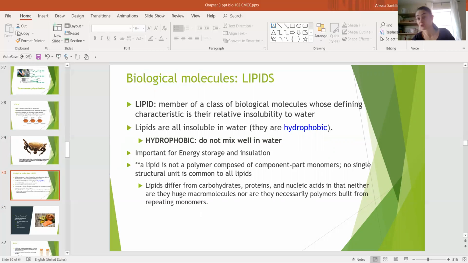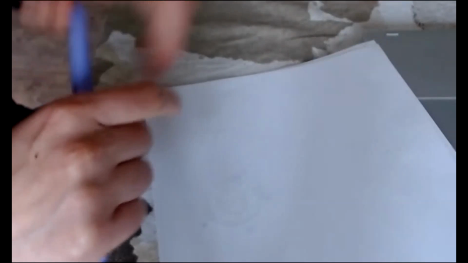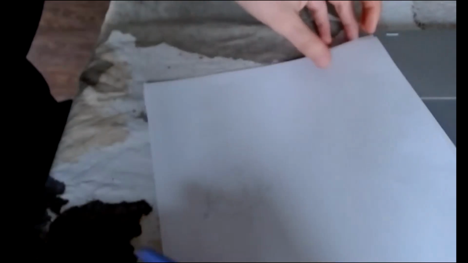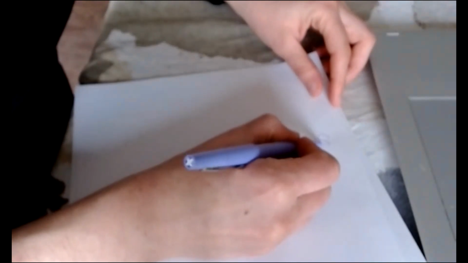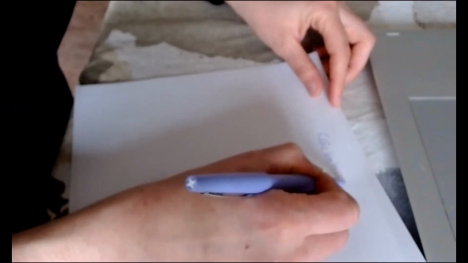I'm going to go over really quickly a quick explanation of carbohydrates. Really quickly, I'm going to do what's called a concept map. This is something that I tell my students to do every single time because it's a fantastic way to study. So carbohydrates, you start out here with carbohydrates.